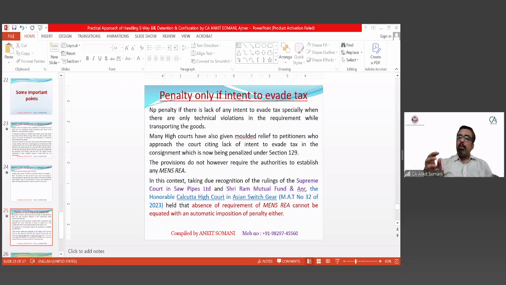See, basically, in this case, the goods were in transit from head office to branch office, and moreover, even the vehicle number and the address mentioned in the invoice were different from the address mentioned in the e-way bill.